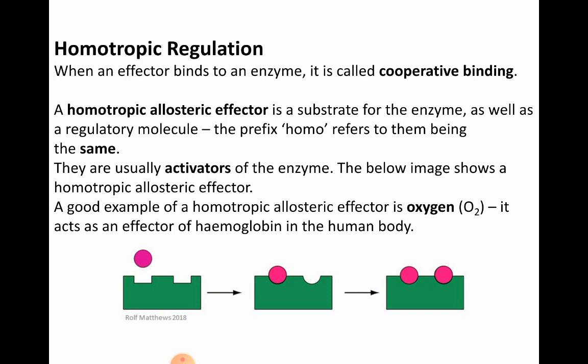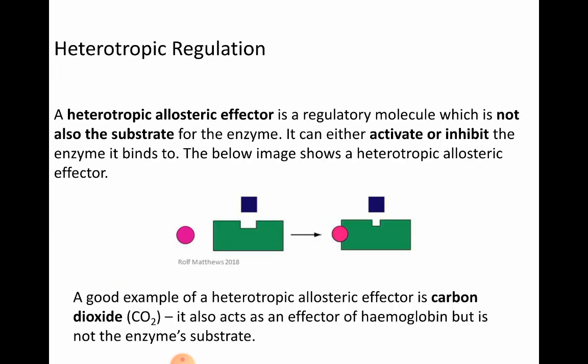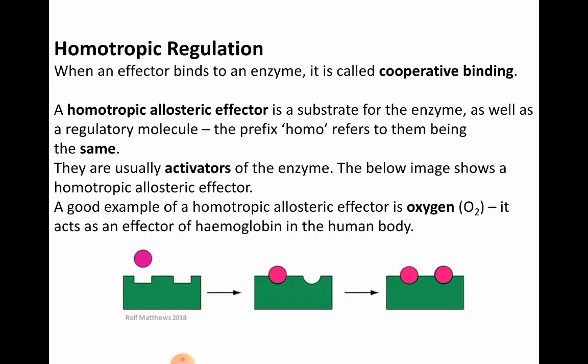In homotropic regulation, a homotropic allosteric effector is a substrate for the enzyme as well as a regulatory molecule. So here homo refers to them being the same. It means the substrate is the same, the effector is also the same.